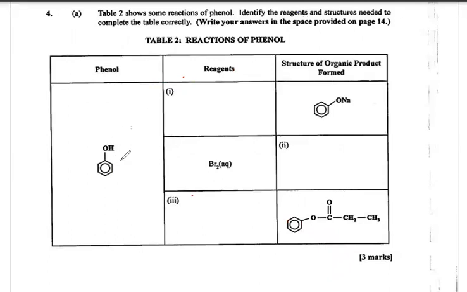All right, so we have phenol, reagent. What is the reagent for this one? NaOH. What would be the name of the compound here? 2,4,6-tribromophenol, right?